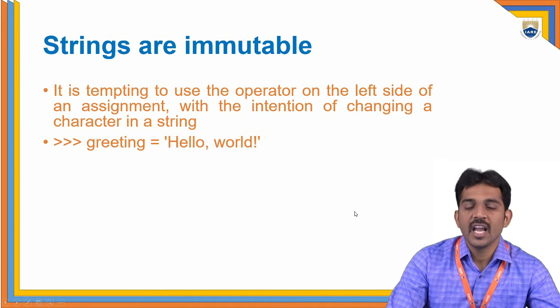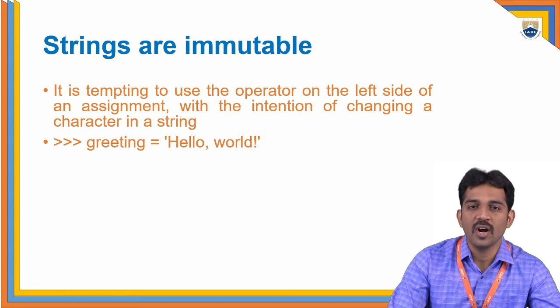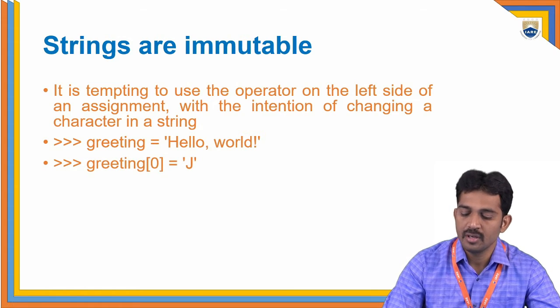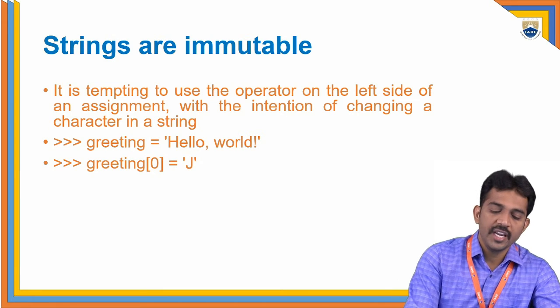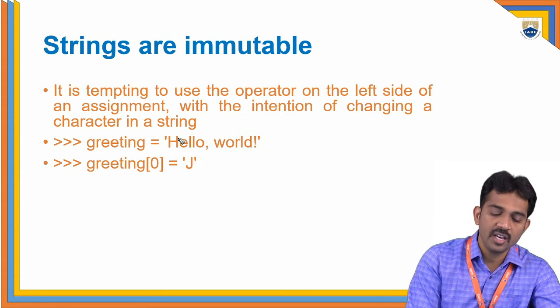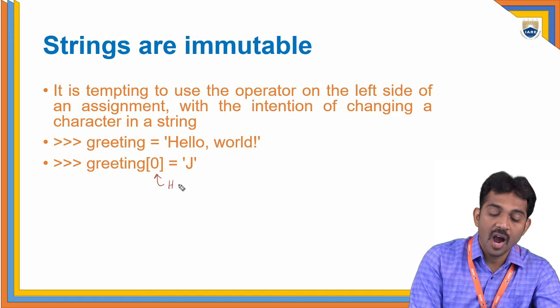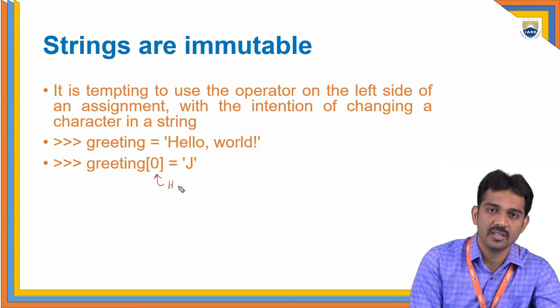So greeting, hello world. Now my task is to change the first character. You know very well greeting of 0 will access the first character, H. But what I'm going to do here is change J in place of H. That is my task.